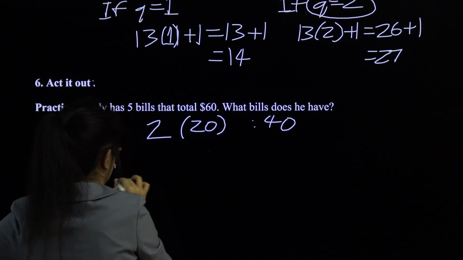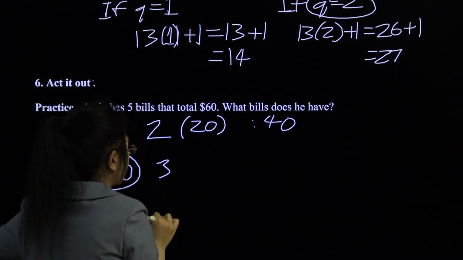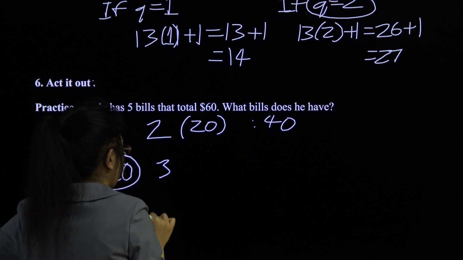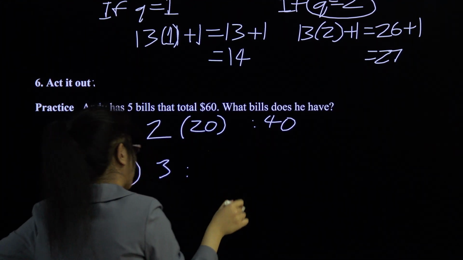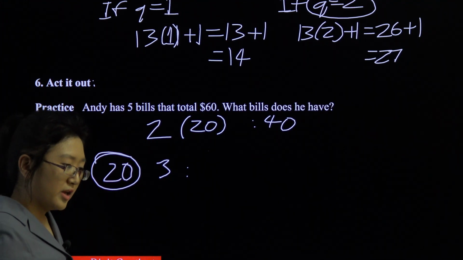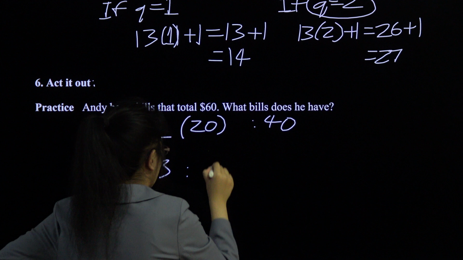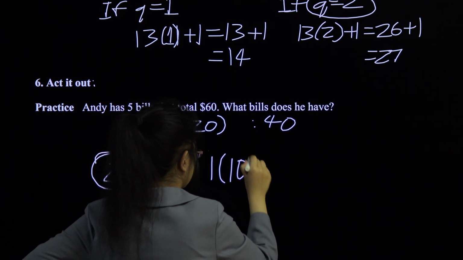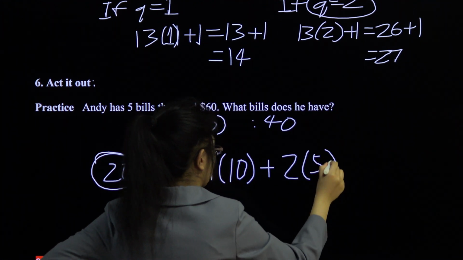So there's $20 left, and we need 3 bills. I mean, you can't have 3 $10 bills because that'd be 30, but you could have 1 $10 bill and 2 $5 bills, which is 20.